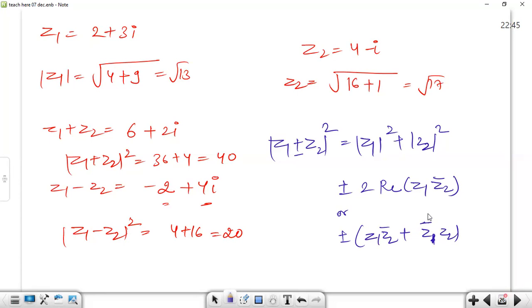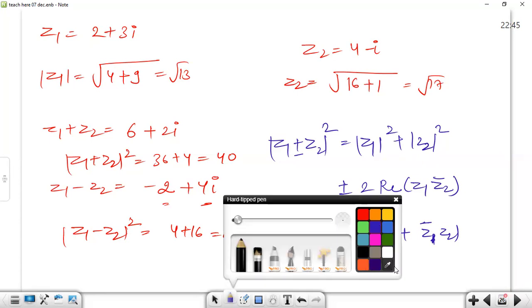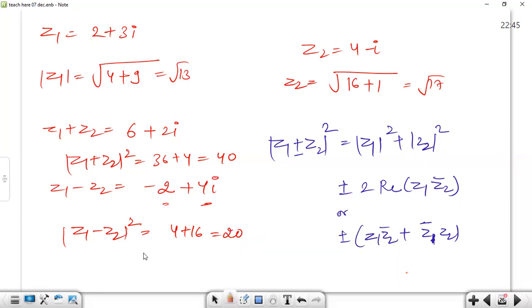Doubts? So we are going to first verify the first formula. I'm going to write in the orange color now. For the left hand side, for the positive part, it is 40. Now modulus z1 square is 13, plus 17, plus minus 2 into real part of z1 into z2's conjugate.